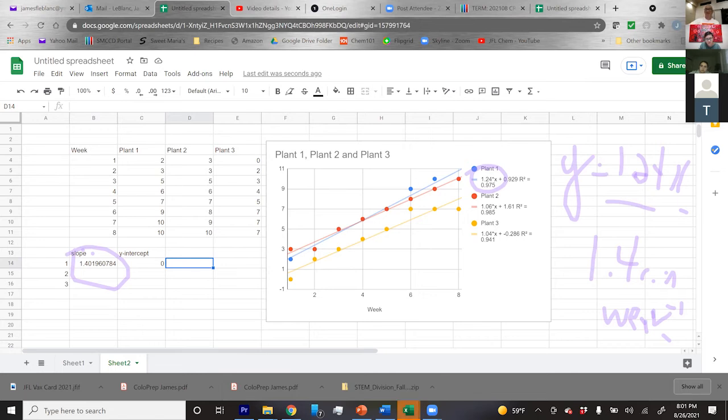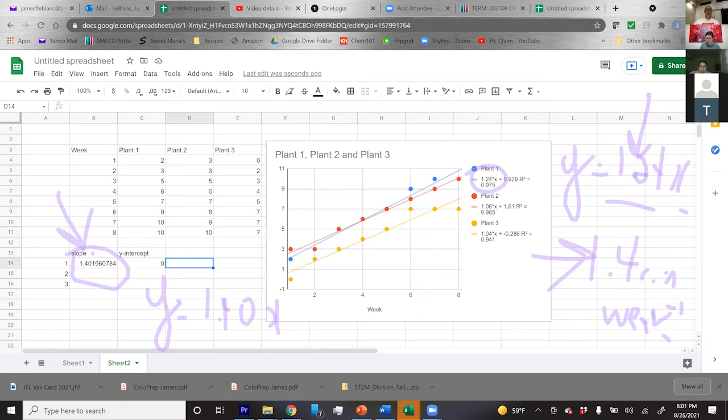So this is really probably closer to the real slope rather than this. Okay, so this is the corrected equation. Y is equal to 1.40 times x. And there's no b because the y-intercept is now 0.